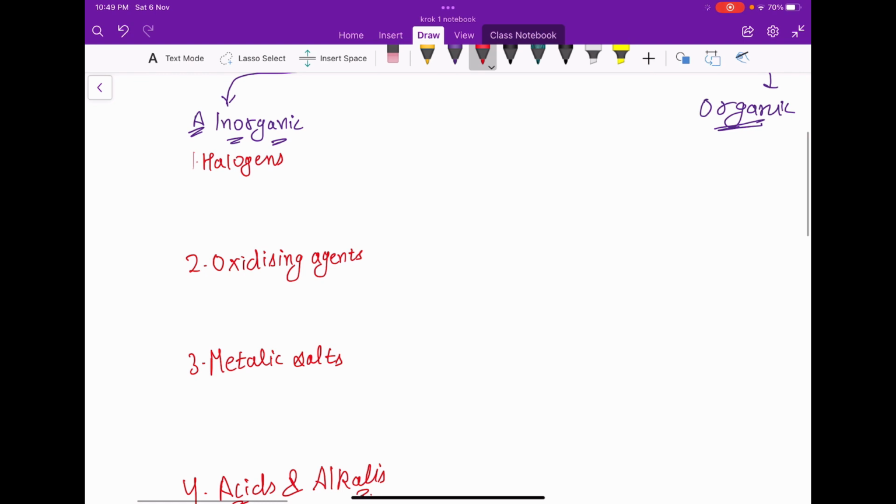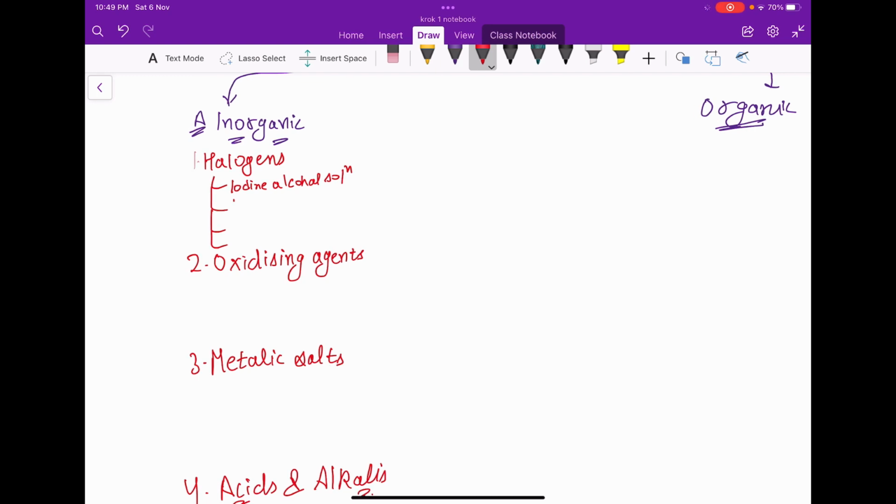And what compounds are in the category of halogens? First of all, iodine alcohol solution. Second is povidone iodine. Third is iodicyn.